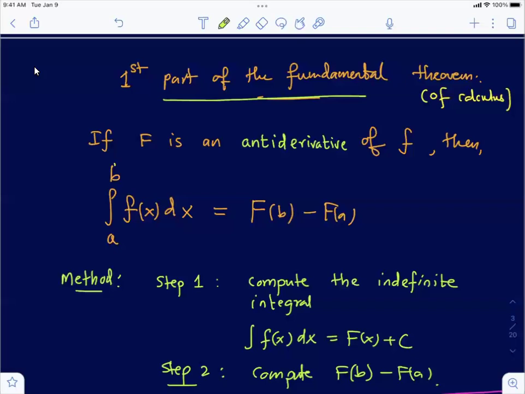The fundamental theorem, first of all, let's go back and recall the word theorem. What do we mean by a theorem? A theorem is a mathematically significant true statement that has a proof.